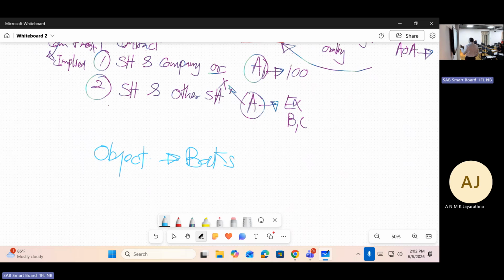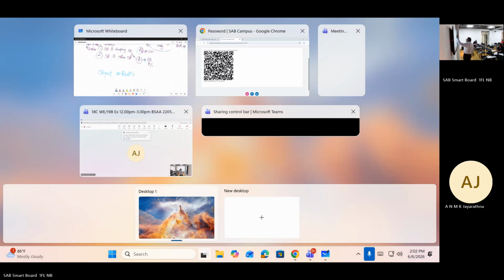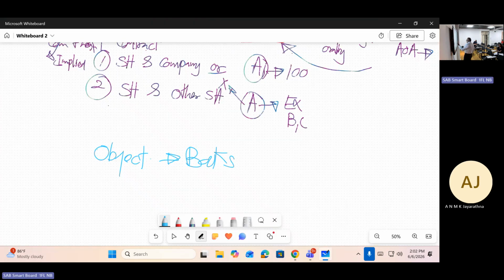Suppose this company engages in a contract for manufacturing and selling goods, or any other transaction beyond the objects.